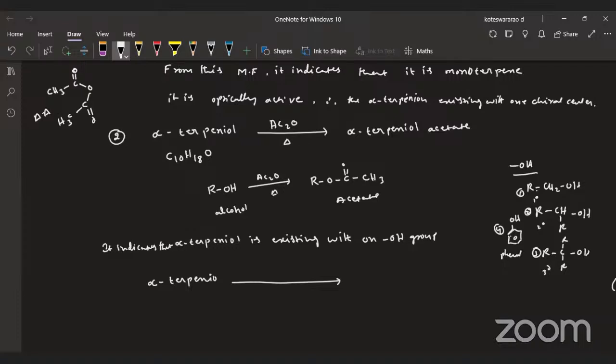All these tests are phenolic tests. Now this alpha terpinol is subjected to these phenolic tests. It shows negative tests for the phenolic OH group.